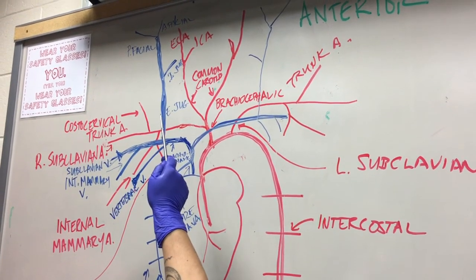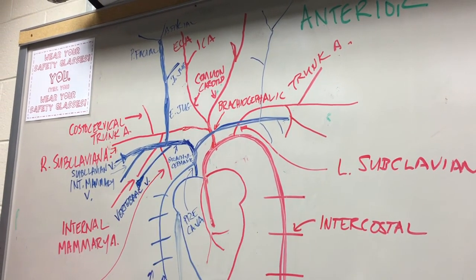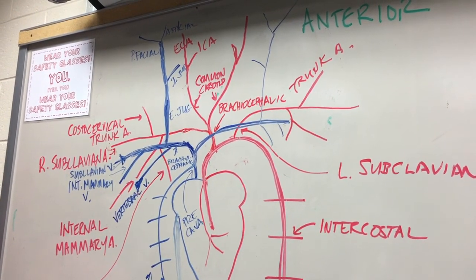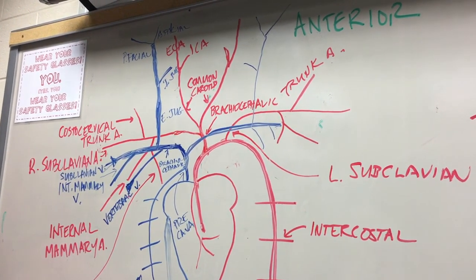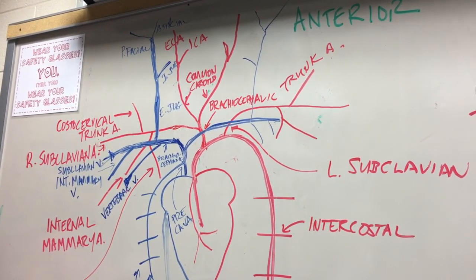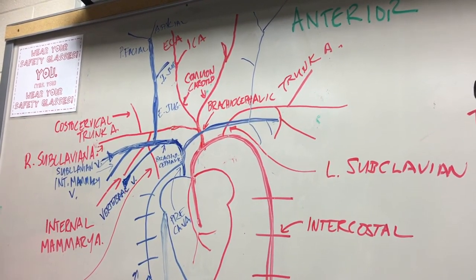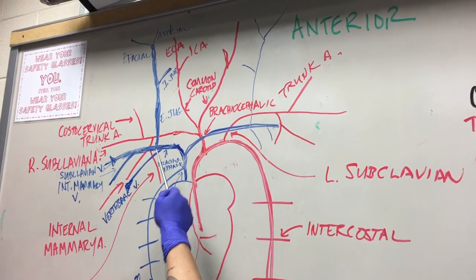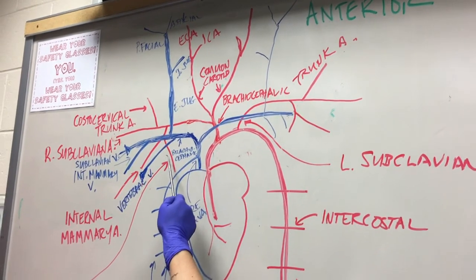The external jugular vein will run along the outside of the neck and then into the body cavity at the pectoantebrachialis muscle. There's a little division between the pectoantebrachialis and your clavodeltoid muscle where the external jugular enters the body.